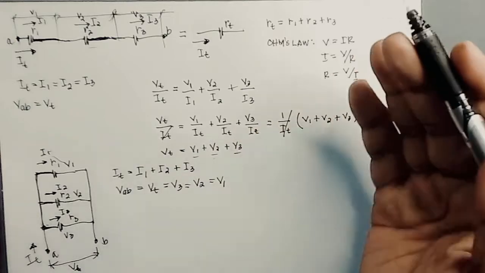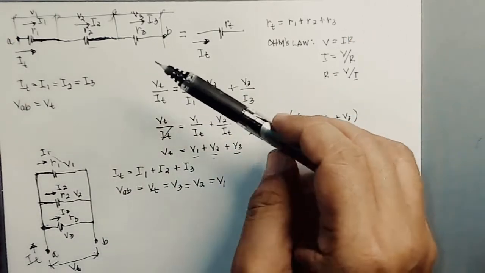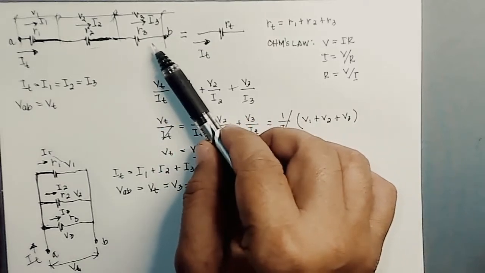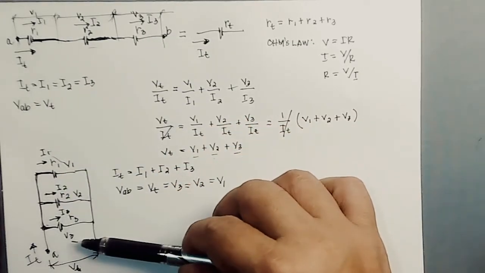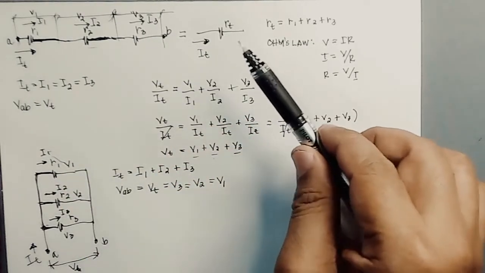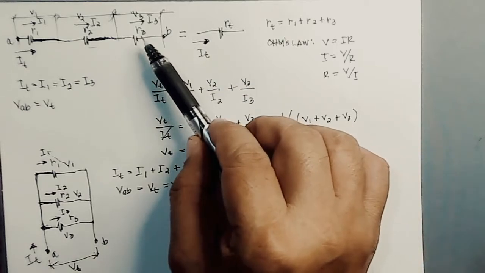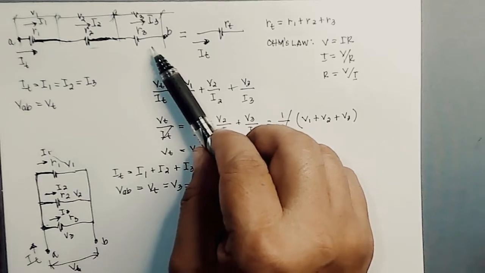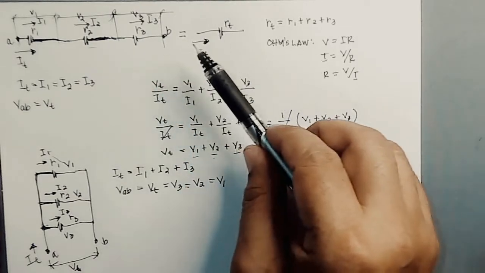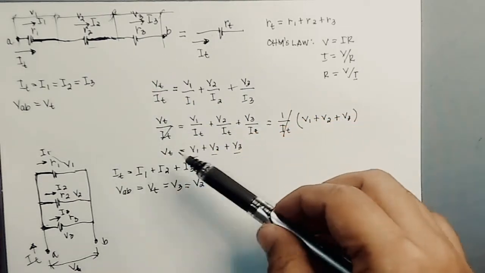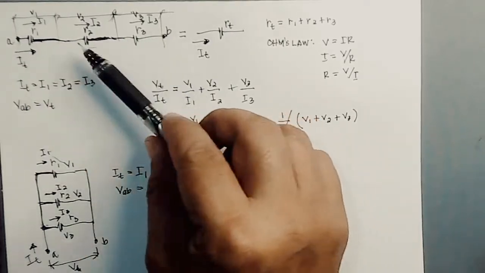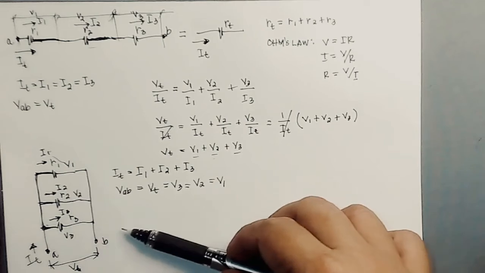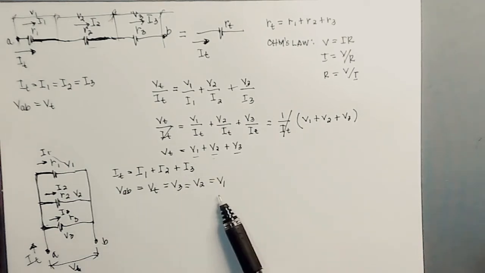So we can now have a comparison between the two connections, this one in series circuit and this one in parallel. So in these series connected resistors, the voltages are not the same. To get the total voltage, you have to add every voltage. But in our parallel connected resistors, the voltages are equal.